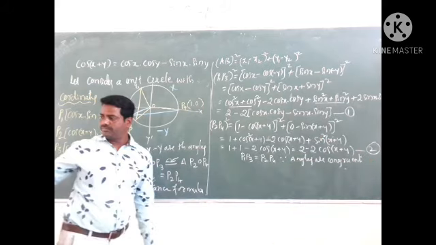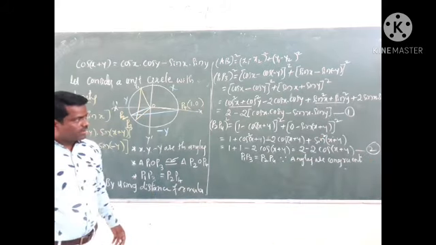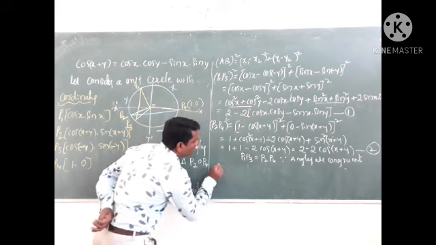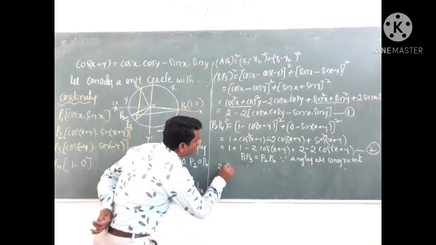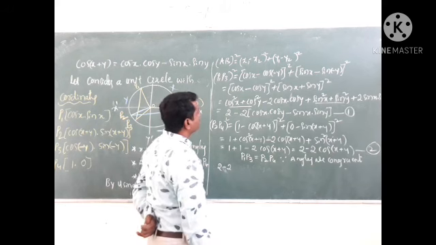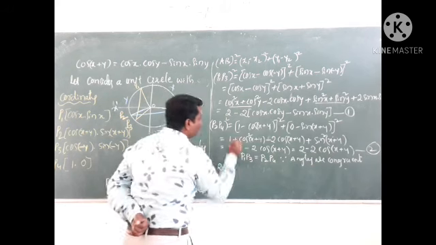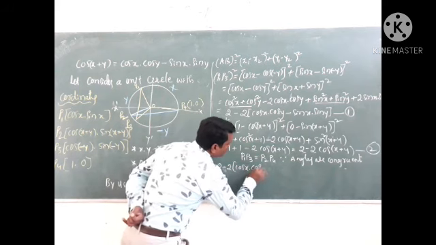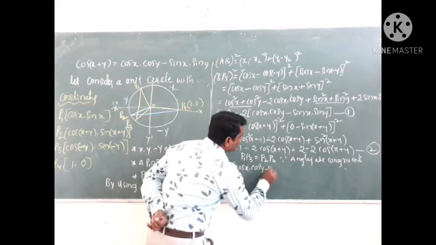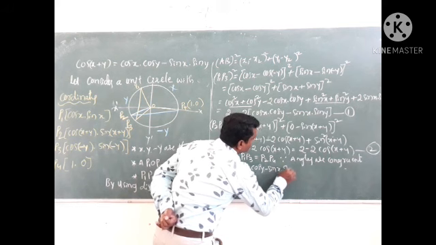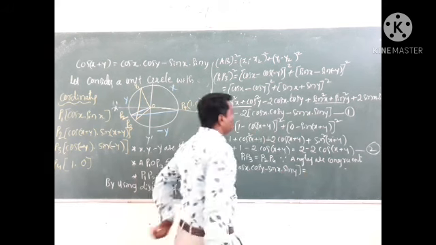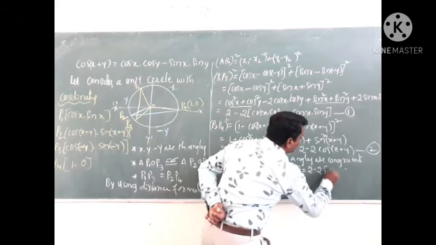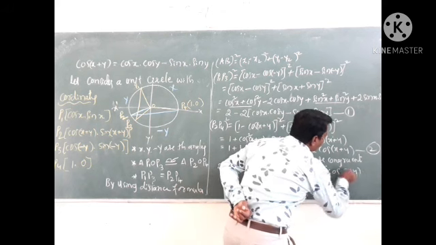That gives us equation number 1, 2 minus 2 (cos x cos y minus sin x sin y), equal to equation number 2, 2 minus 2 cos(x plus y).